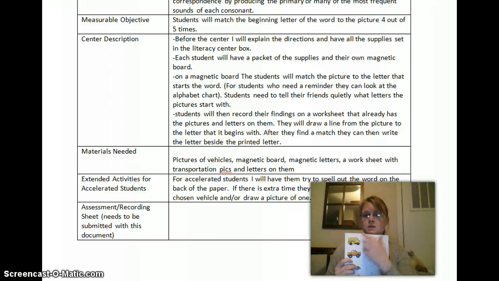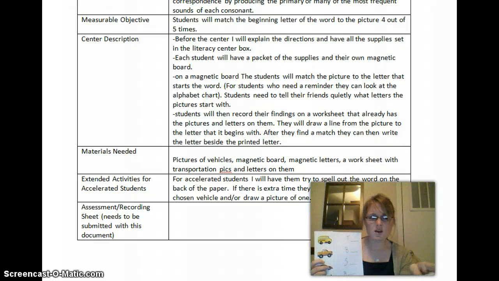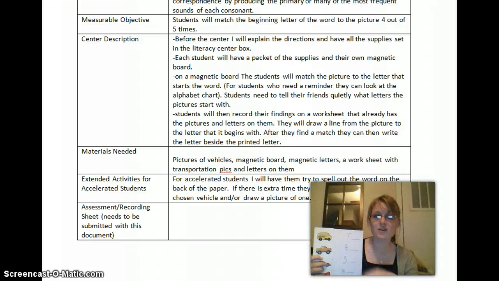Okay, so what do we do with these pictures over here on the side? Draw a line to the letter that begins them. So the bus, you will draw a line to the B. Now, do I draw a picture of the bus over here? Is that right? No, it's not. What do I do? You write the letter over to this side. So smart.